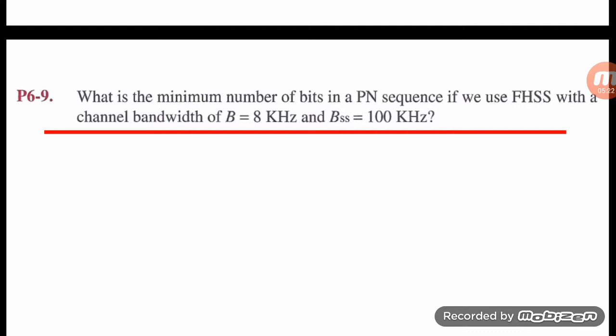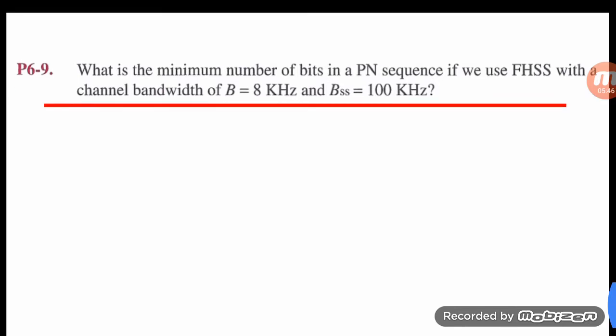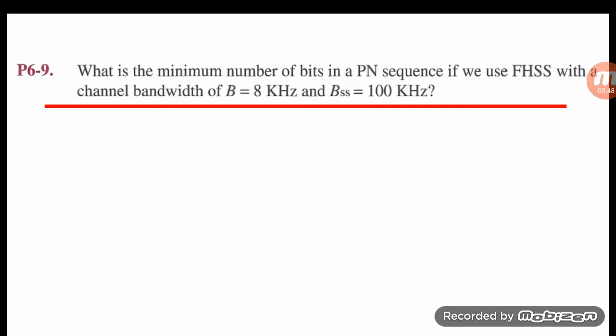Then it goes to a spreading process, a spread spectrum system, and what comes out is another signal with a much higher bandwidth, which is 100 kHz. This is the bandwidth of the signal after spreading.